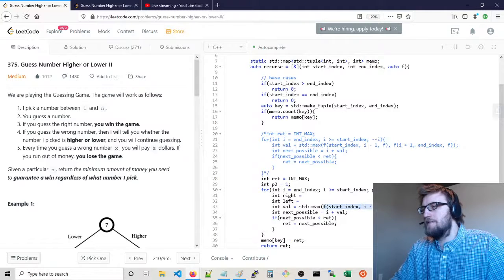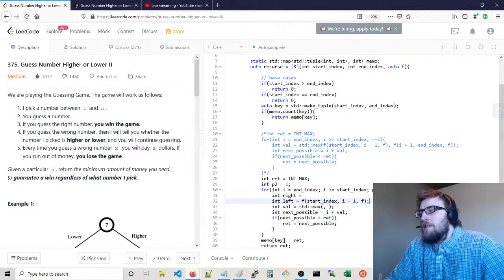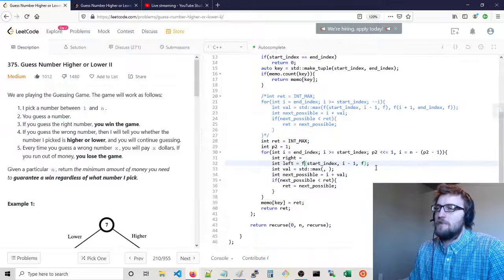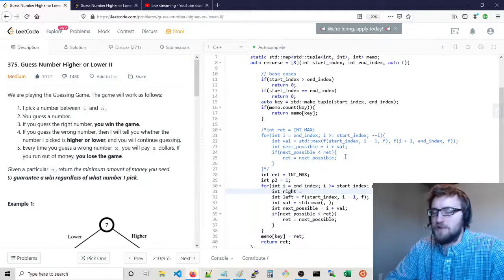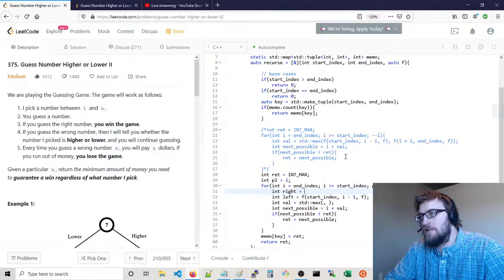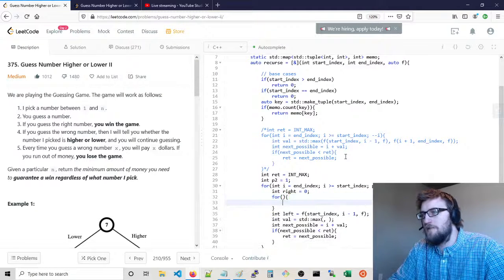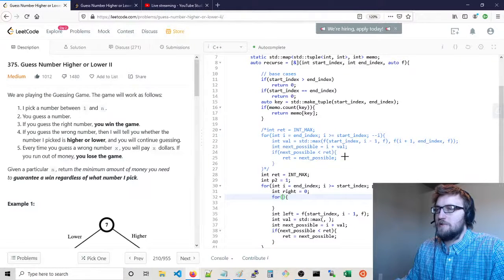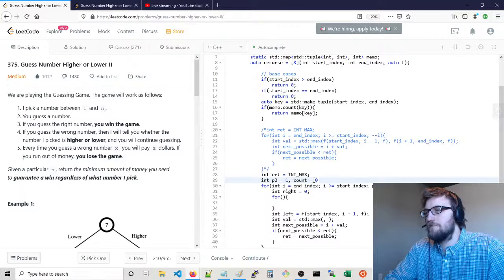It's recursive. And really the start index doesn't matter anymore, right? We could actually remove that later when we can show this works. The right side is going to be count to 0.